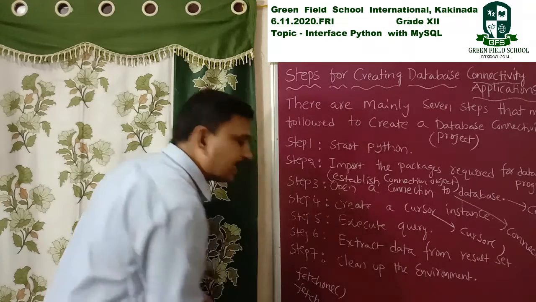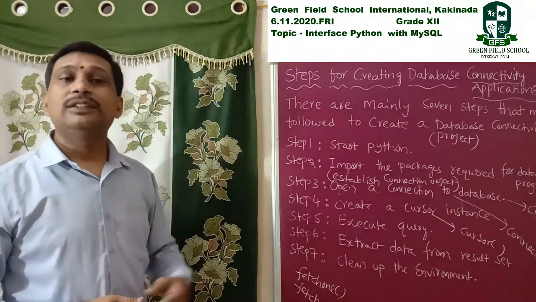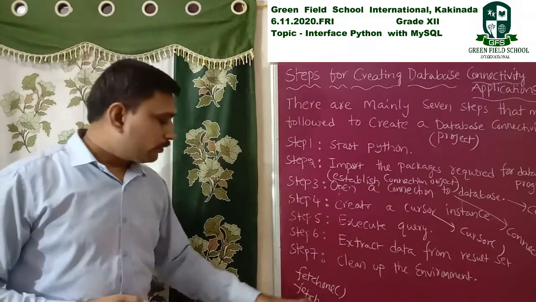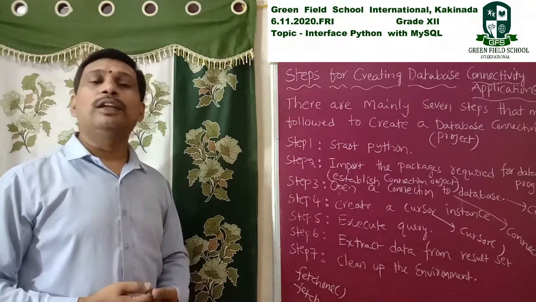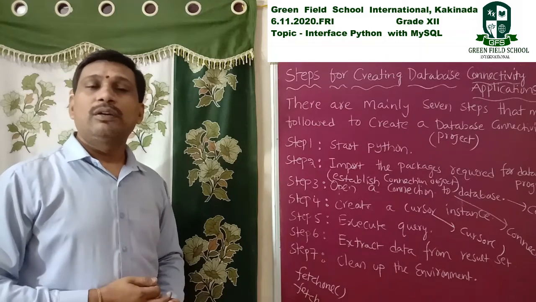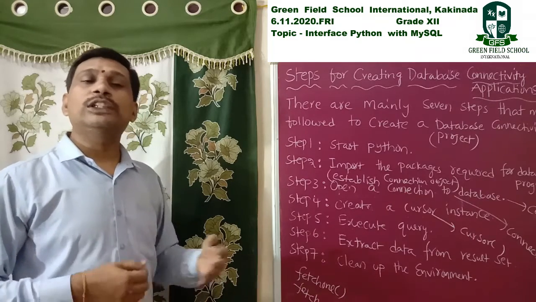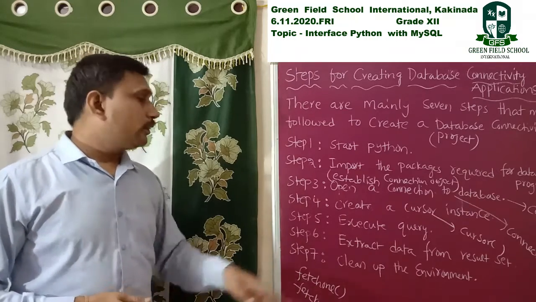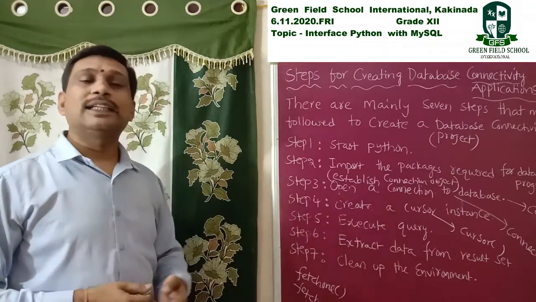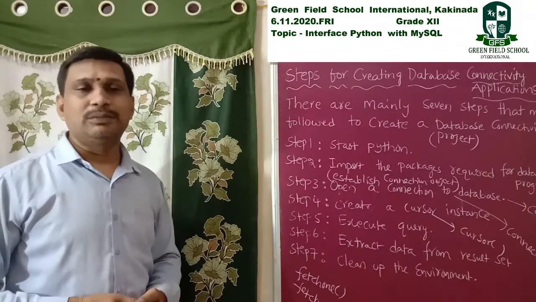If we require all the rows at a time, then we fetch all; at a time we take only one row, and in this way we take all the rows by using a for loop from this cursor instance or cursor object.